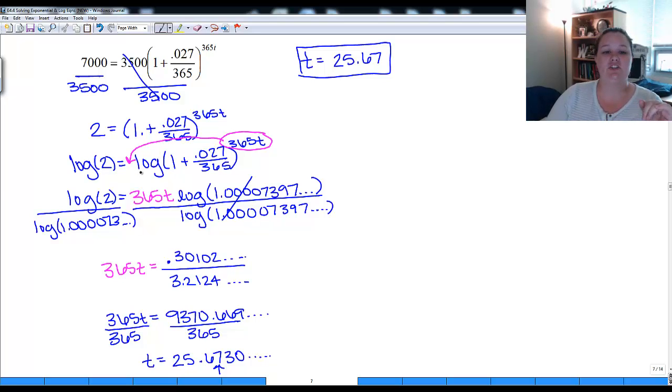So by using just a regular log on both sides, as long as we have a log, then we can take that thing that's in the exponent and bring it down out front as a coefficient, which is what we did here. Then once we brought that down, we can just divide off the pieces we don't want. It just so happens the pieces we don't want here were kind of ugly, but that's okay. We can handle it, right? Let's look at a couple more examples, and then I'll have y'all try some.